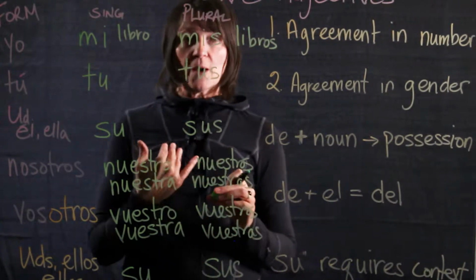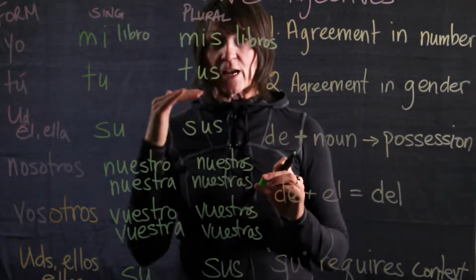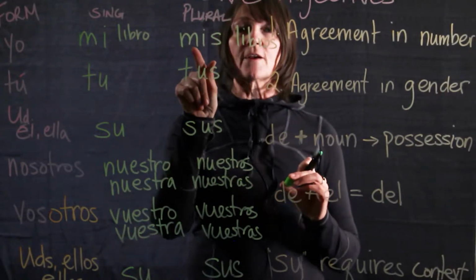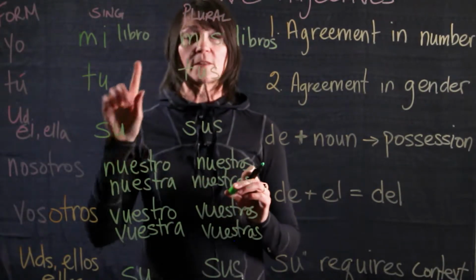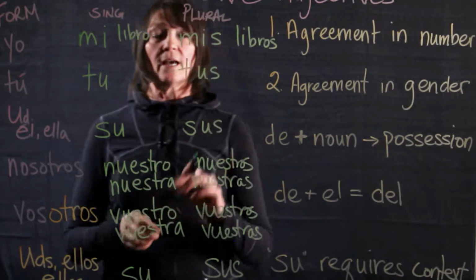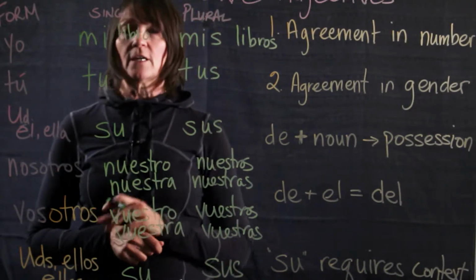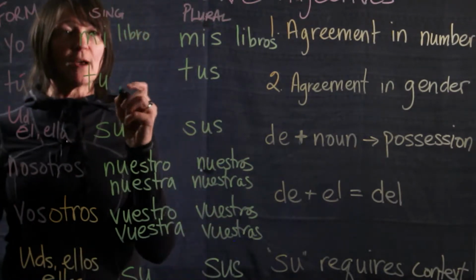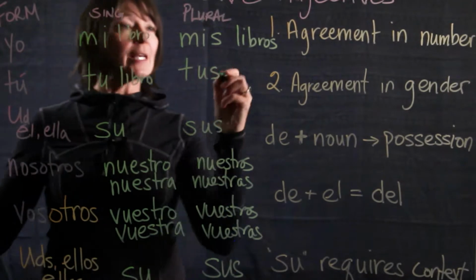So even though there's only one person talking, yo tengo mis libros, there's agreement here. The rule of thumb, something to remember, the agreement happens, unlike English, with the word that follows the adjective. Okay, so here I want to say, do you have your book? ¿Tienes tu libro? ¿Tienes tus libros?